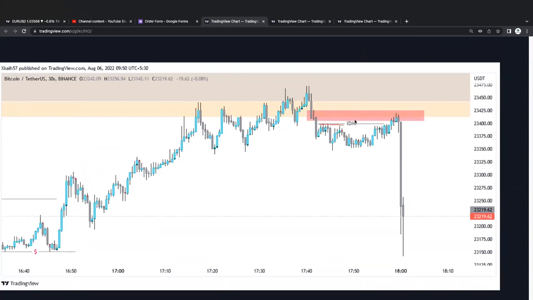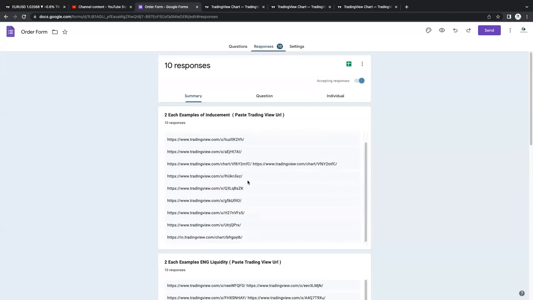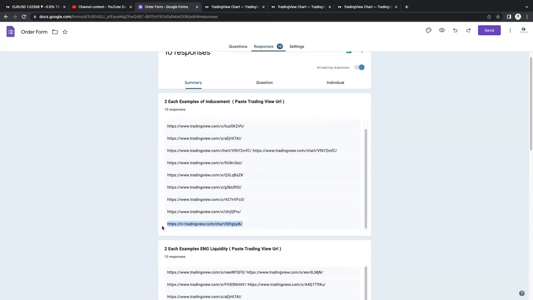First high taken out and then sell. Okay, I think this can also be inducement. Market taps on this and goes high. Okay, correct. Let's check the last one.